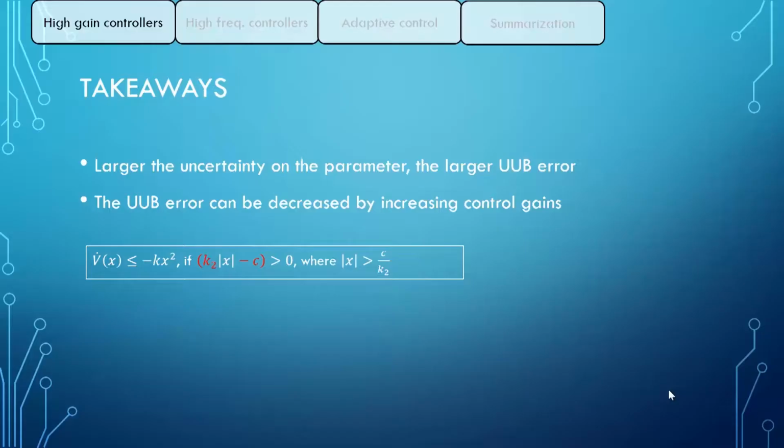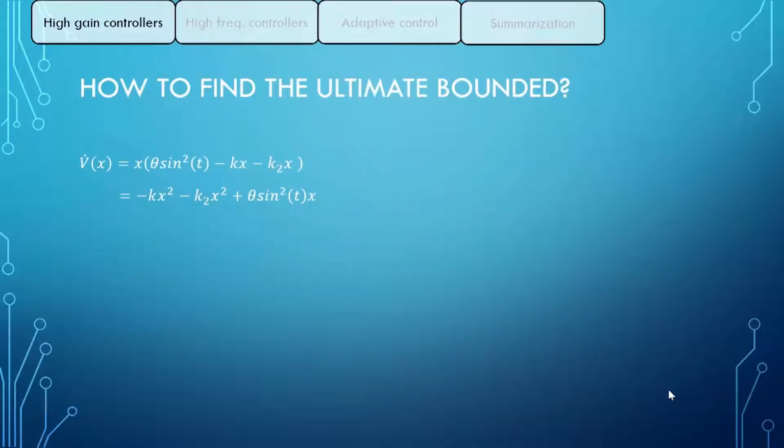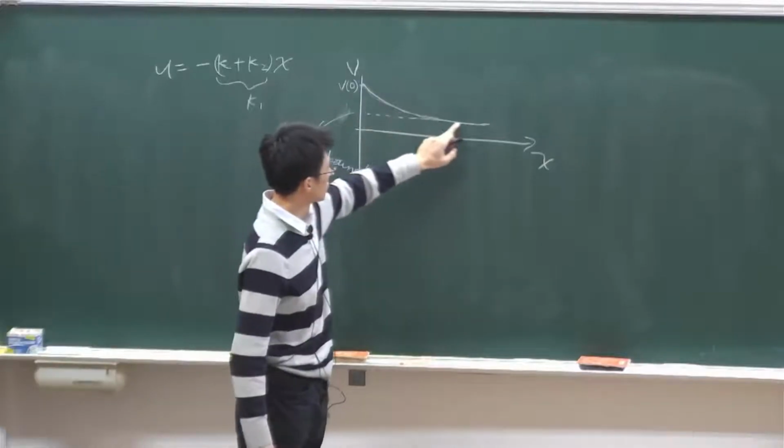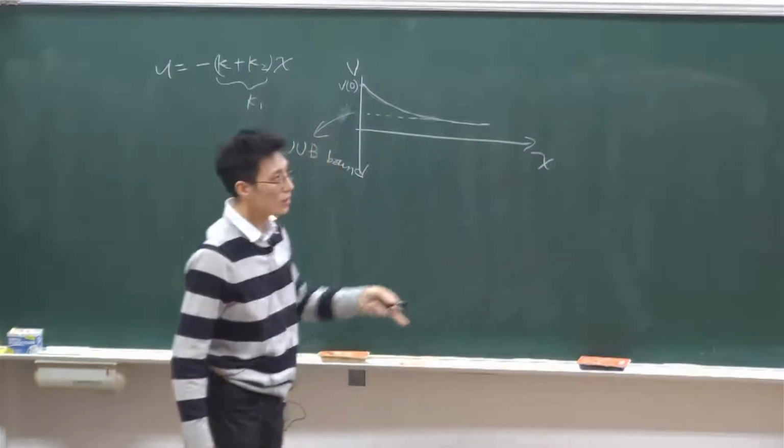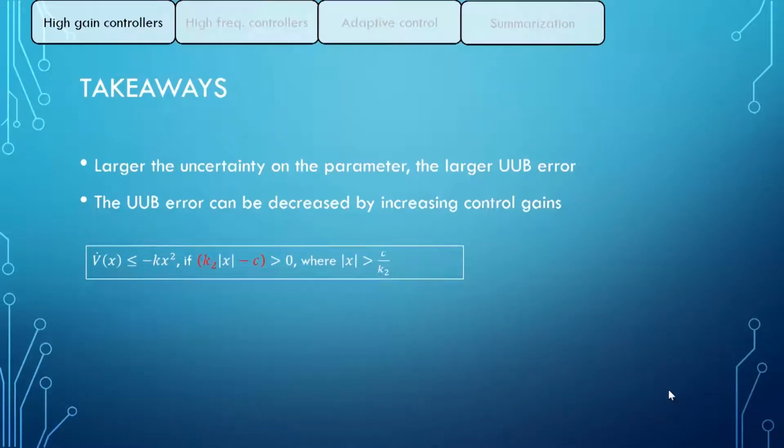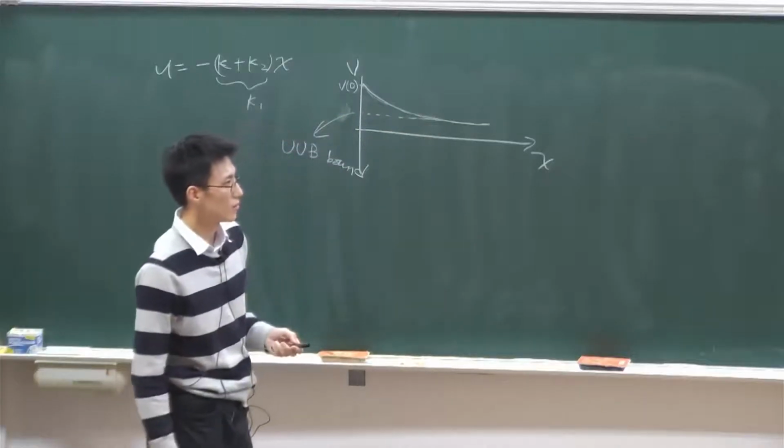When this condition breaks, and that happens at this point, at some x which is non-zero, it stopped decreasing. It's hard to see from here, but it stopped decreasing. Anyway, remember this: how will you find the UUB bound? This is called the UUB bound. Eventually V will converge to some constant value. It's not hard to imagine from here, and you will understand why it converges to a constant in a few seconds.